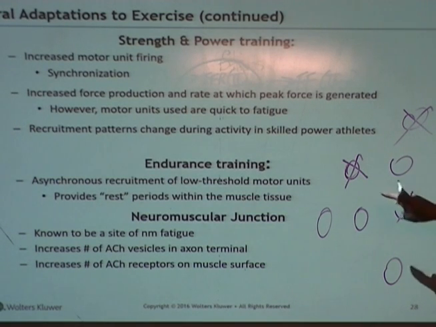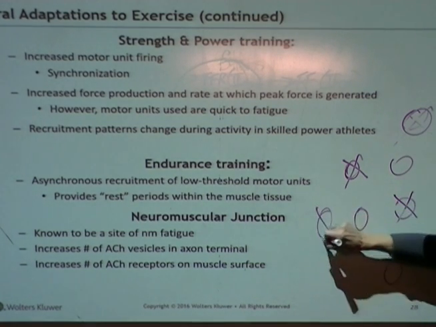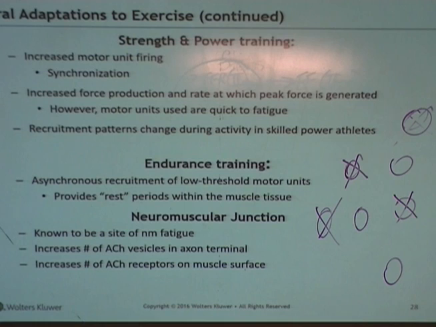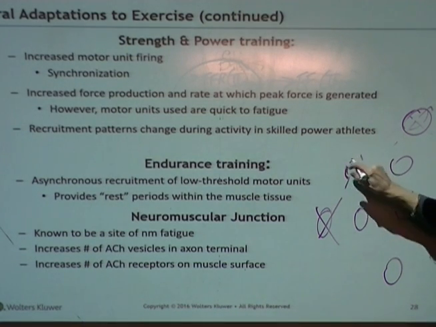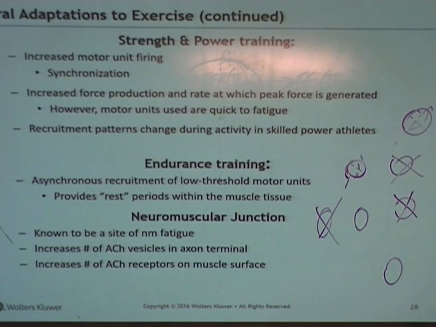The adaptation is, okay, this one's done its job, we'll give it a rest, let's turn this one on instead. And this one's done its job, let's give it a rest, we'll turn this one on instead. And this one's done its job, we'll give it a rest, we'll turn this one on. Right?